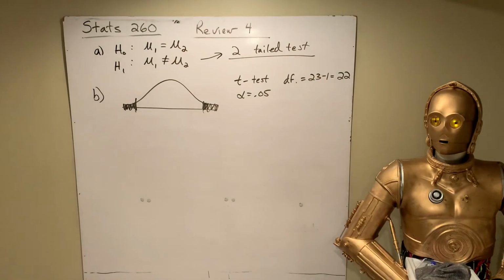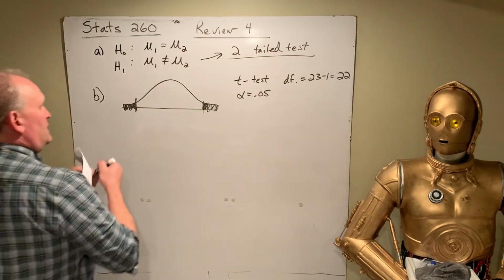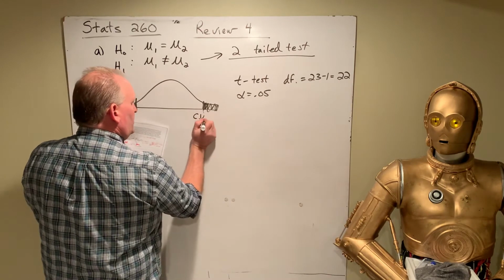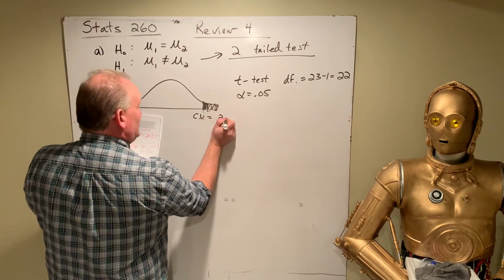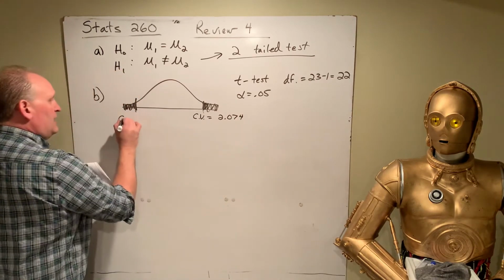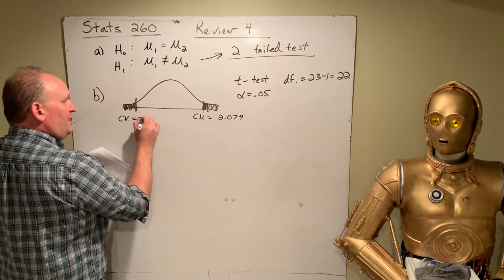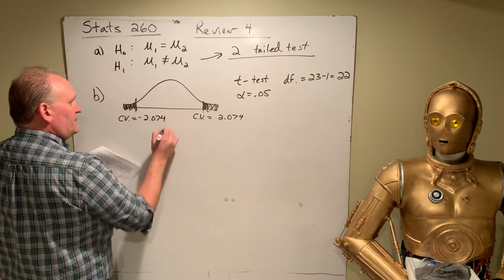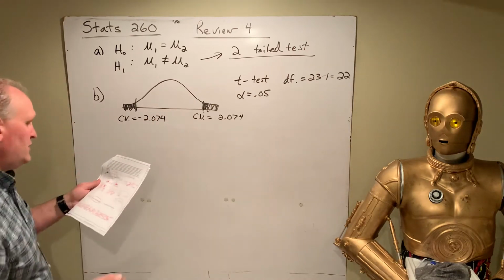Because we looked it up as a two-tailed test, you don't have to worry about, I've had students divide it. Don't divide it. Use 2.074 and use negative 2.074. All right, so we got the positive and the negative version.